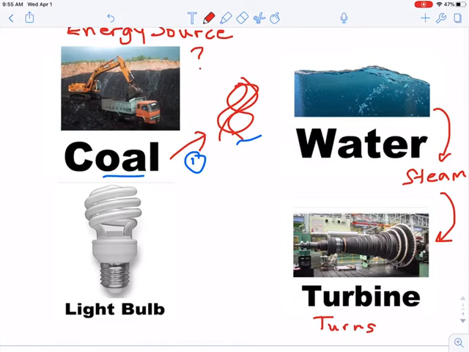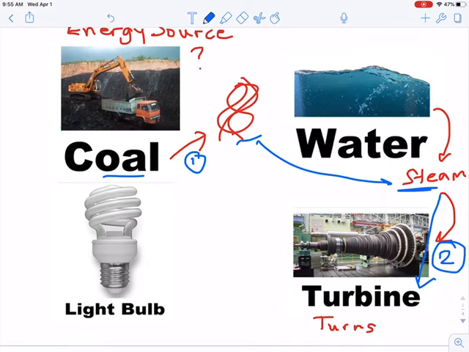And when things turn or move, that is another type of energy. So we are now going from this energy that we had here to the energy that is resulting from the turbine turning. So this is a second energy transformation.